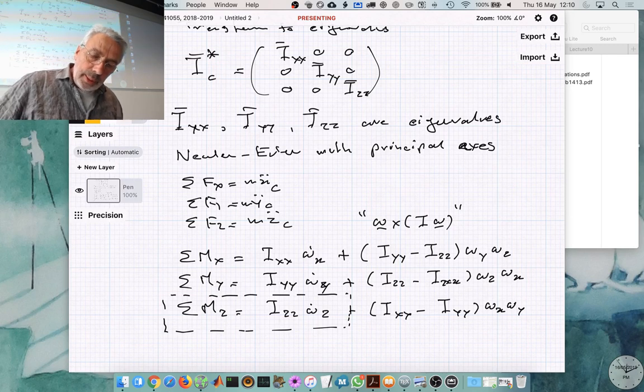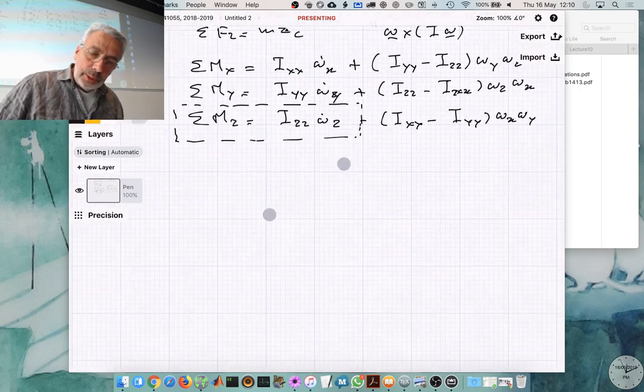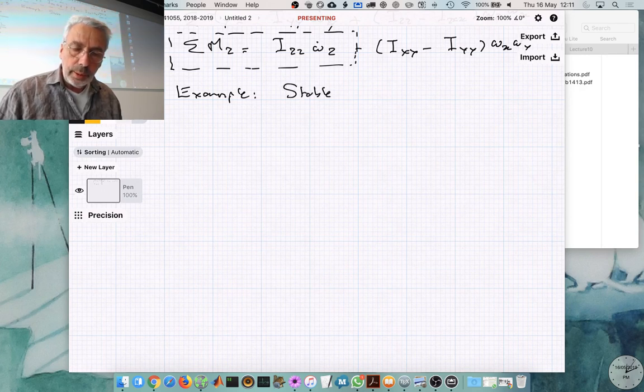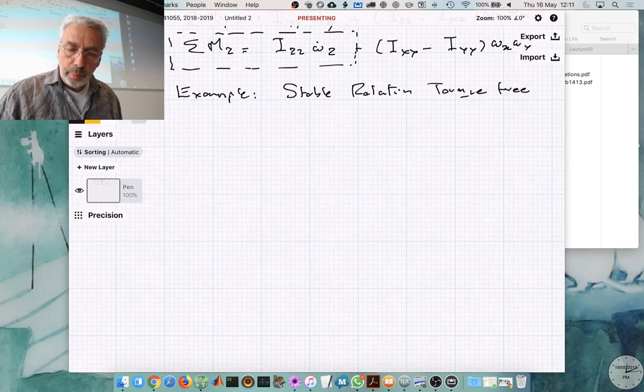Anyway, to get an idea about how these equations work, I want to look at an example. And the example is very simple. It's about stable rotation, torque free. So what is the problem?